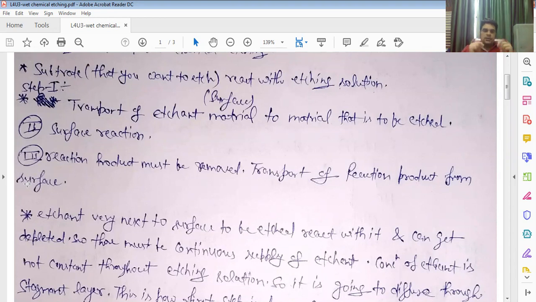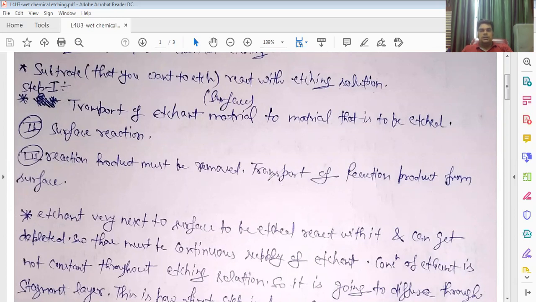The etchant very next to the surface to be etched reacts with it and can be depleted. So what does it mean? Suppose this is the surface that you want to etch. You made it in close contact with the etching solution.